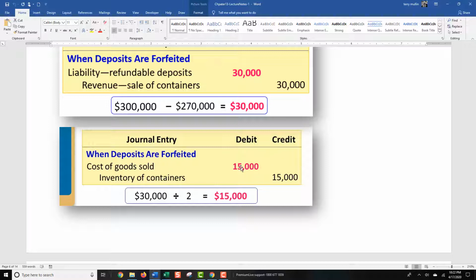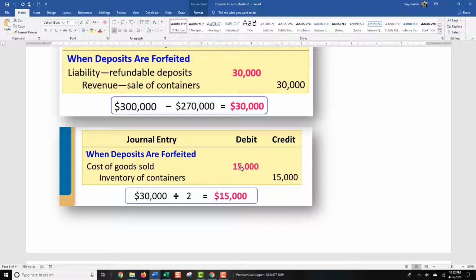So they're now going to declare them sold to the customer that never returned them. So at that point in time, they're saying, okay, if you didn't return them within a year, you the customer, have now bought those containers.